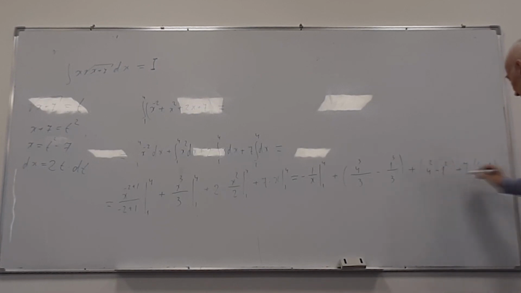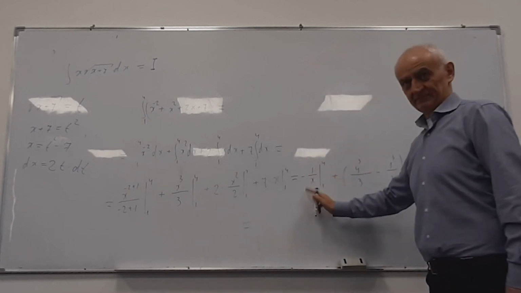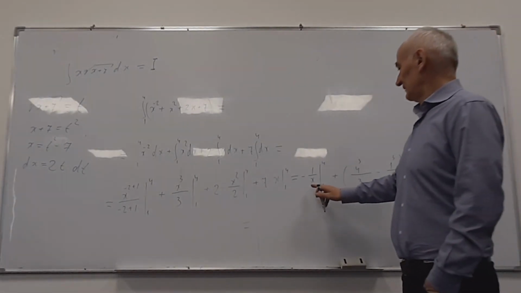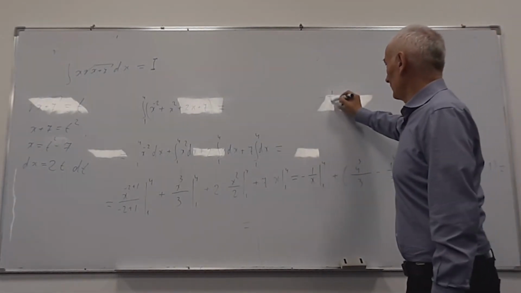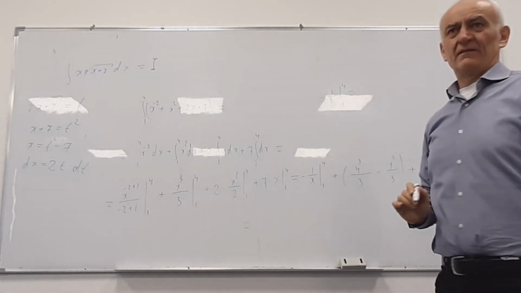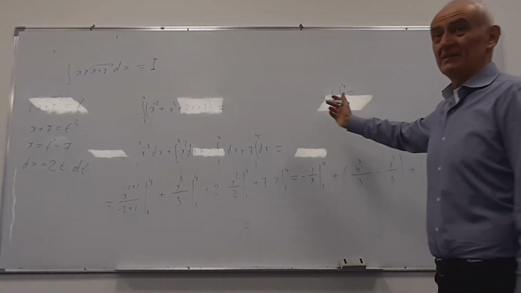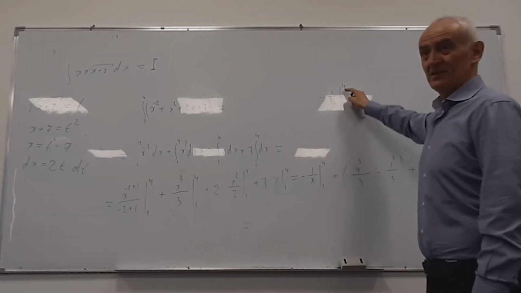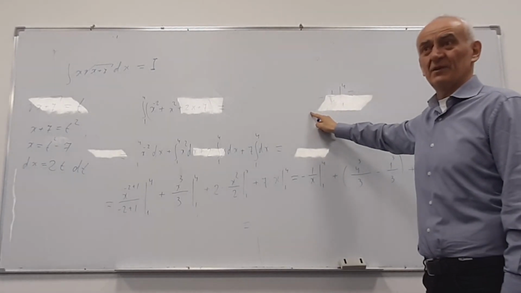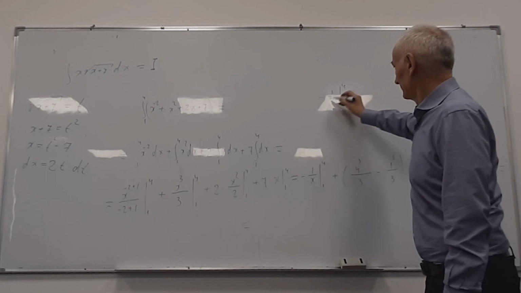Okay. It equals. Now, what can I do here with minus 1 over x, limits 1, 4? To make it easier, I can change these limits, and it will change the sign to the opposite.